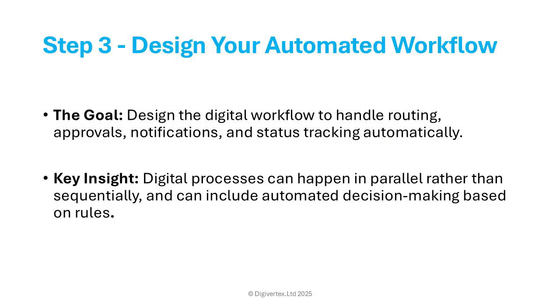And now you can start to actually design your automated workflow. You want to think about how you handle routing of things like approvals and notifications, who needs to be consulted about various things, how long does that take, who needs to know, why, how can they give an answer digitally within a shorter period of time.